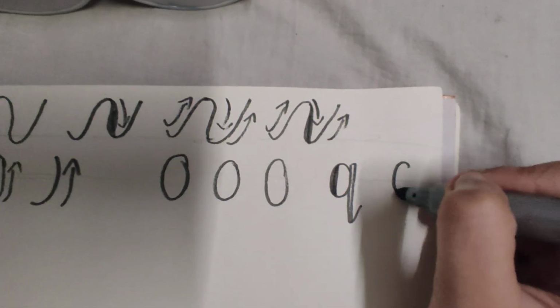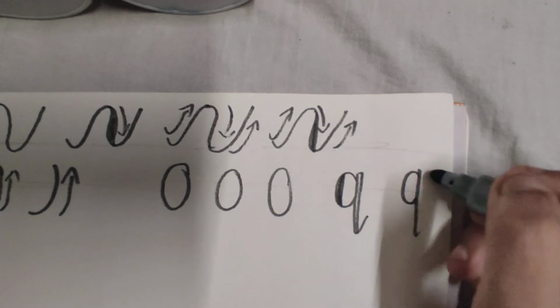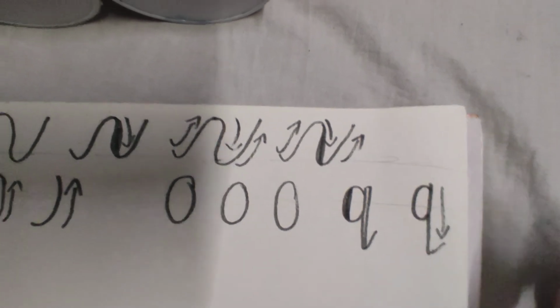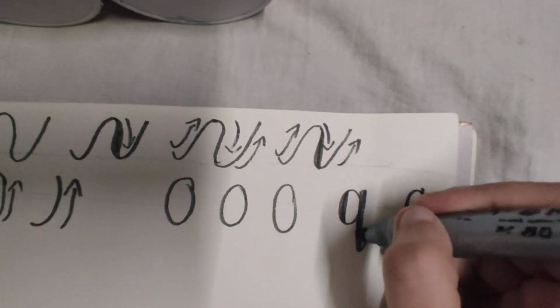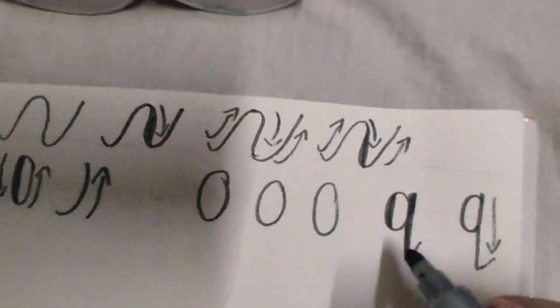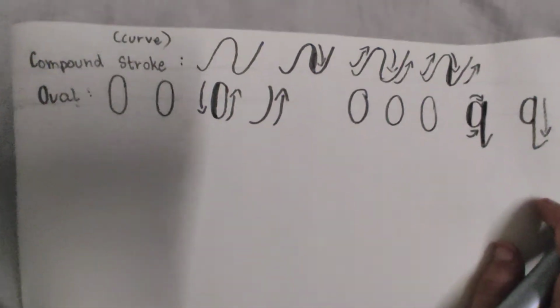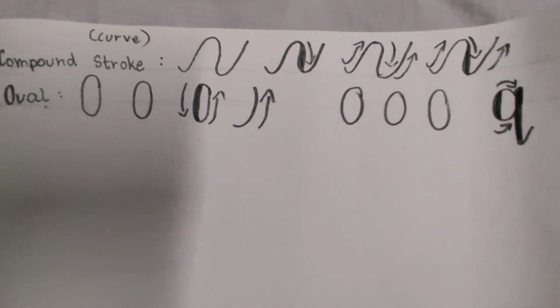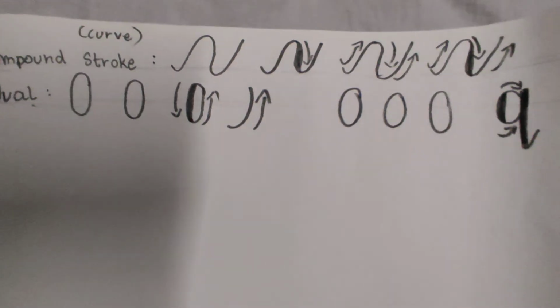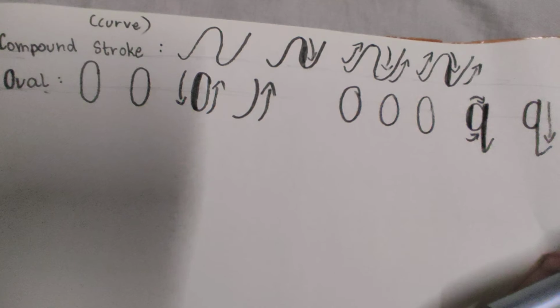Because when we are making half oval, at that time we are making a straight line which is going from up to down. So that part will remain thick, and the rest of the parts will remain thin.